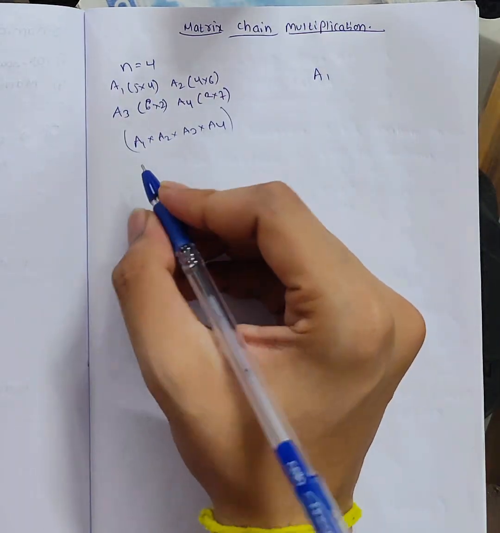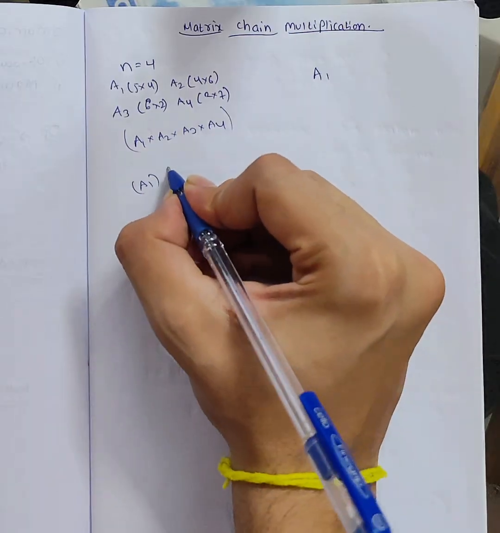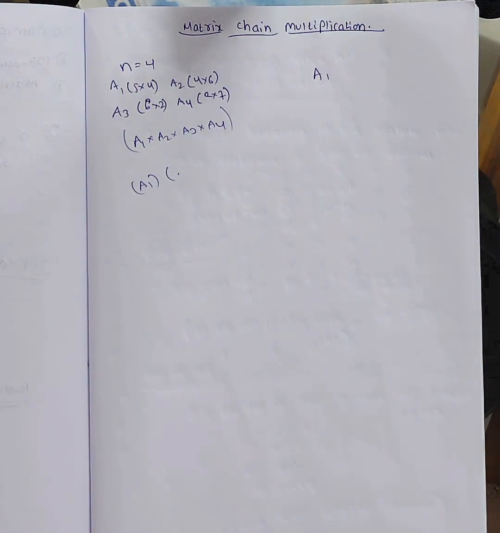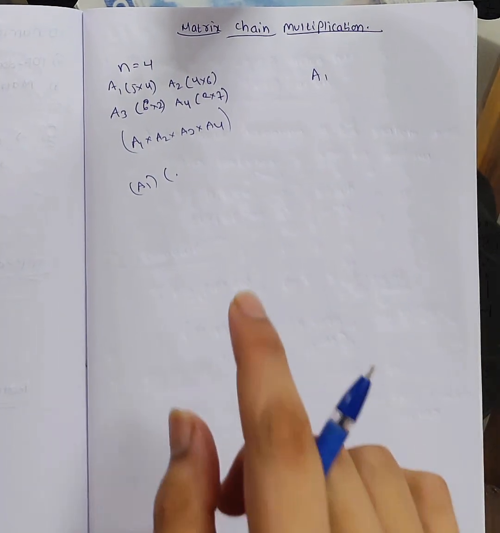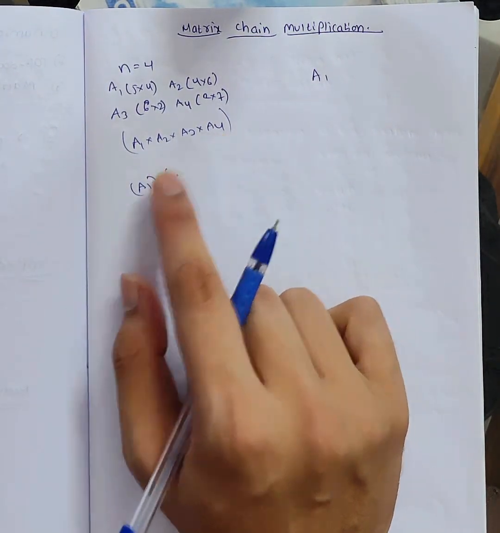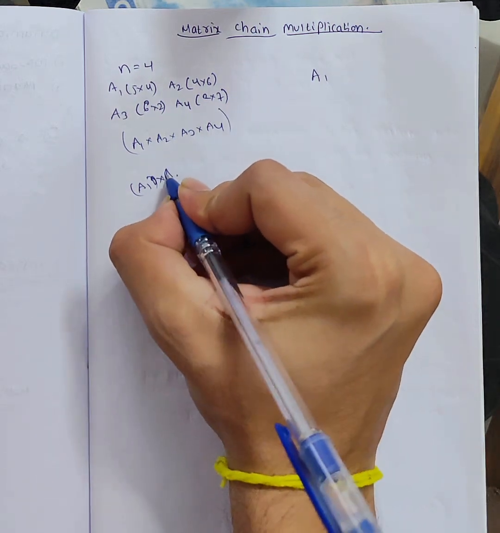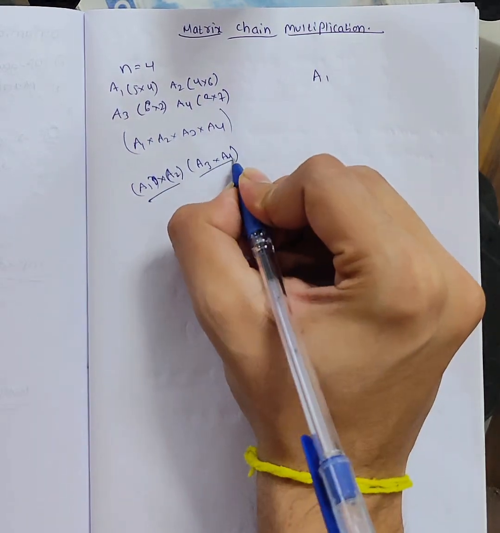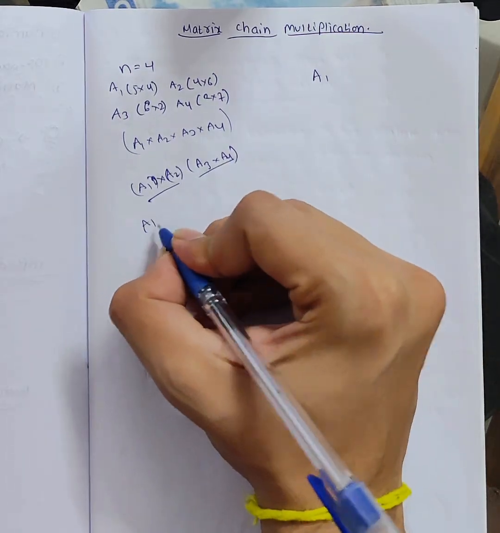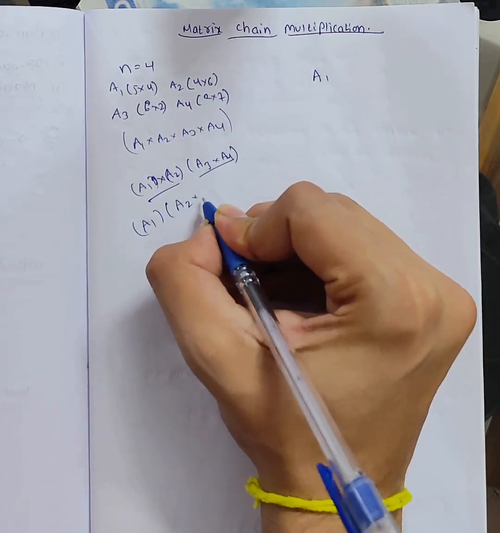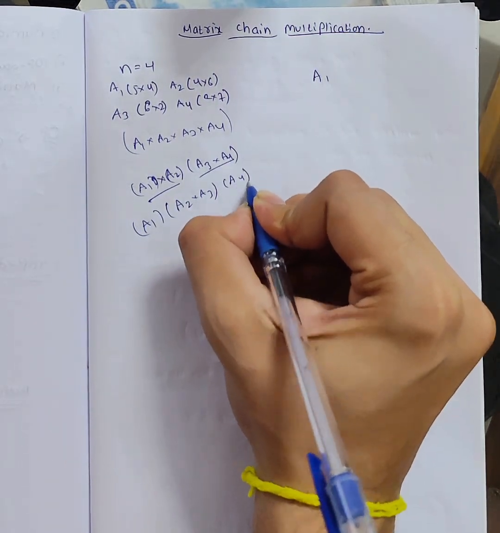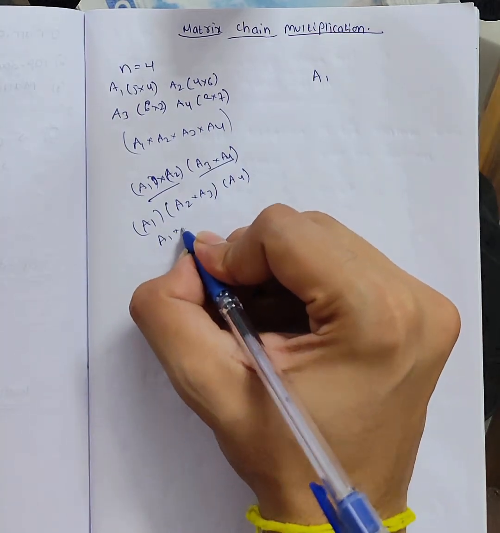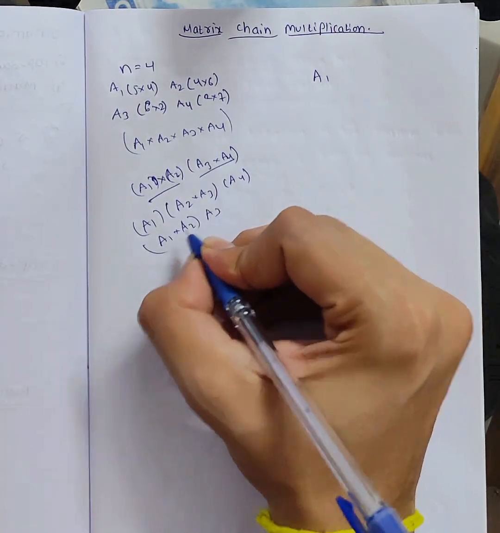My main theme is to tell you that there are many ways to multiply these four matrices. I can multiply A1, A2 into A3, A4, or A1 into A2, A3 into A4, or A1, A2 into A3 into A4.